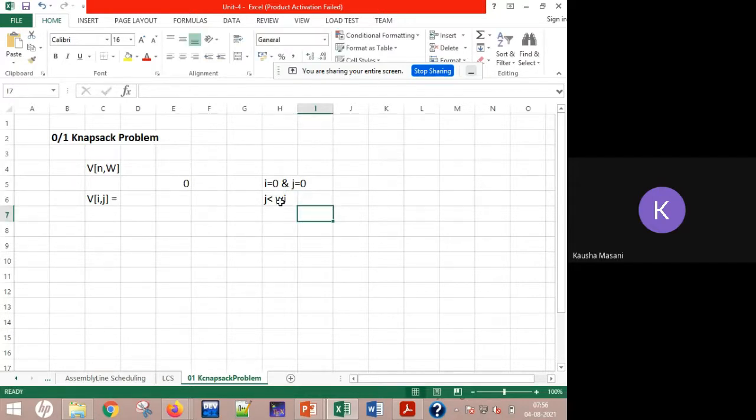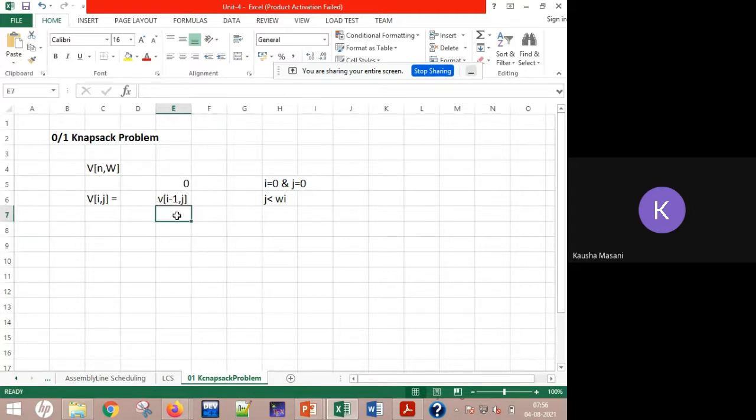Wi is the weight of my ith item. If my J value is less than Wi, then the formula that I'm going to apply is small v of I minus 1 comma j. This is the formula for finding out the value of my cell.